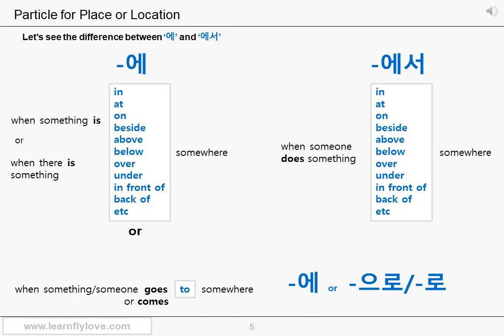Okay? When you go to or come to somewhere, you use either 에 or 으로, 로. But you need to remember that 으로, 로 provides the nuance of indicating the direction as towards or head for does in English. So if you don't need to express the nuance of direction, you don't need to use 으로, 로. 에 would always be fine.